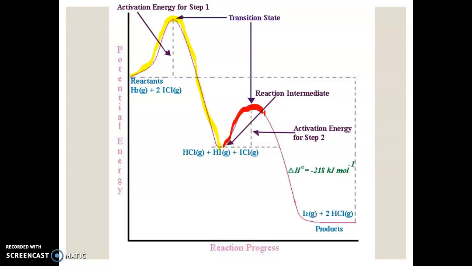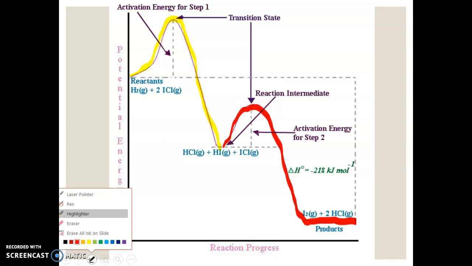This is going to be for step 2. Okay, so we're going to label some different things on this diagram. To start out with, here in step 1, you can see the activation energy is labeled.